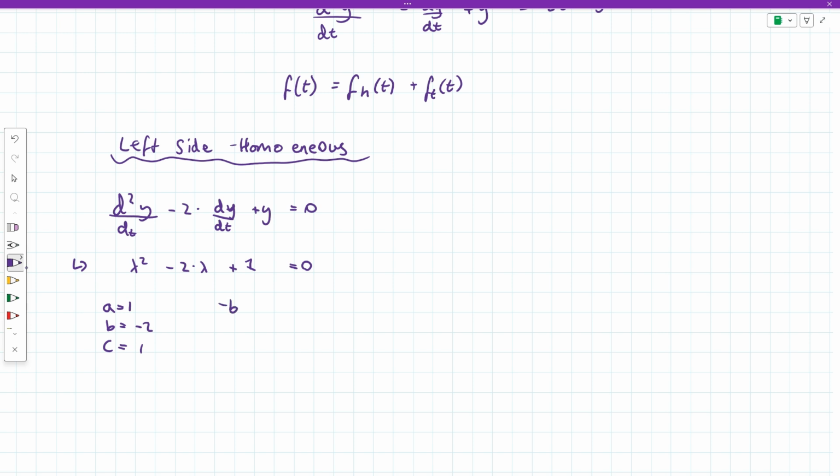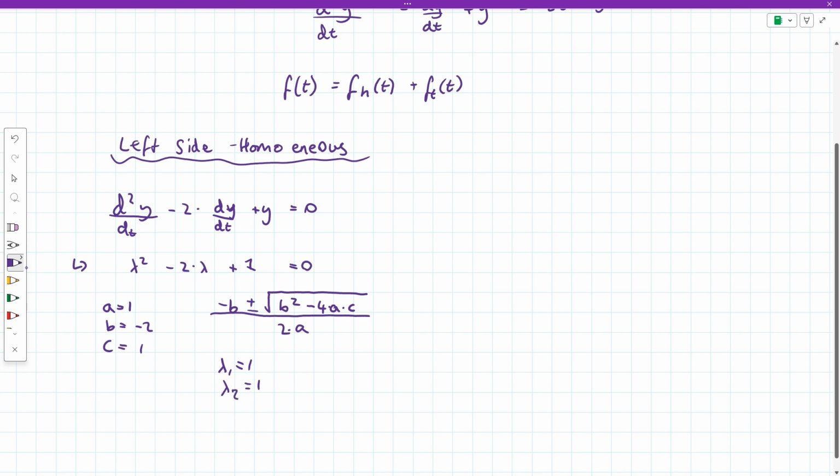And we're solving this in the form minus B plus or minus the square root of B squared minus 4 times A times C, all divided by 2 times A. If we solve this, you can also maybe see it intuitively, we will get two values of lambda in which lambda 1 equals 1 and lambda 2 equals 1 also.